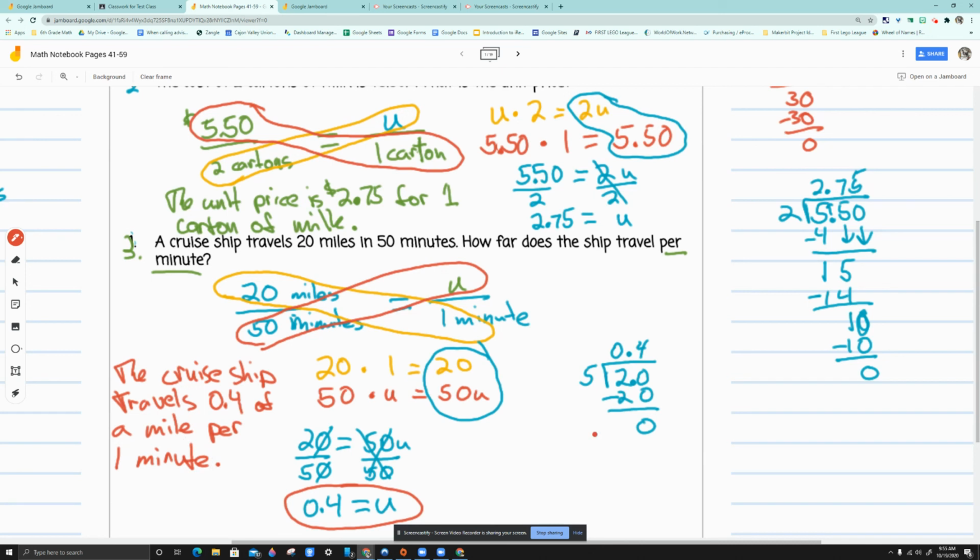So in this case, the unit rate isn't money. It's not per dollar. It's per minute the ship traveled. So the ship travels 4/10 of a mile per minute. You could also say 2/5 of a mile per minute. That would have been acceptable as well.